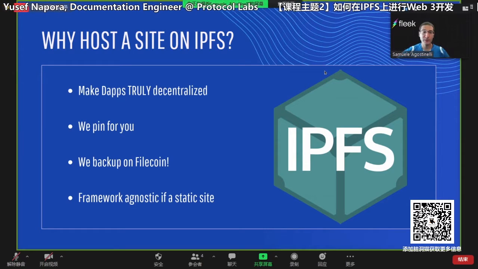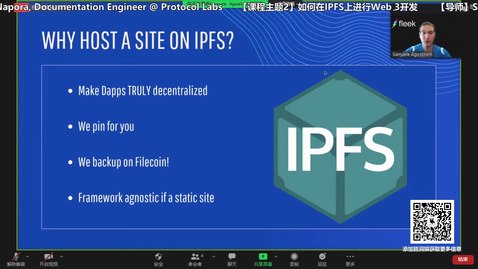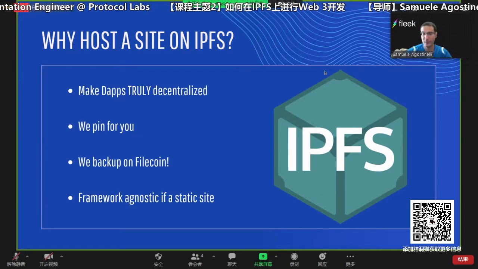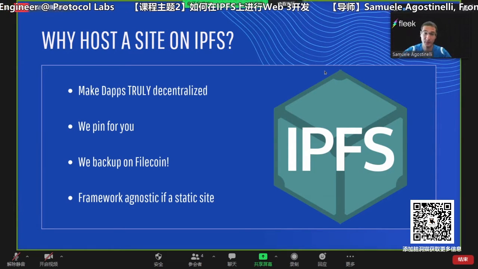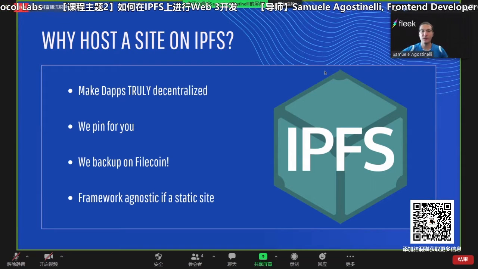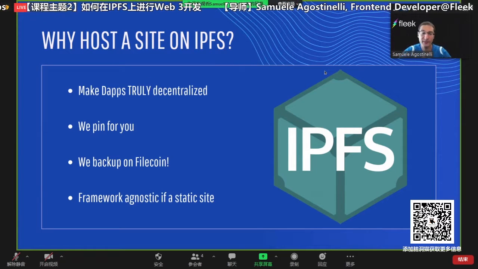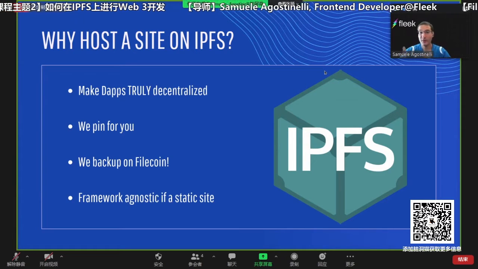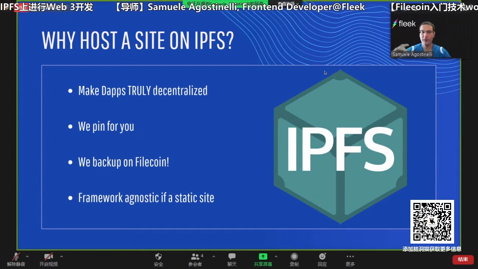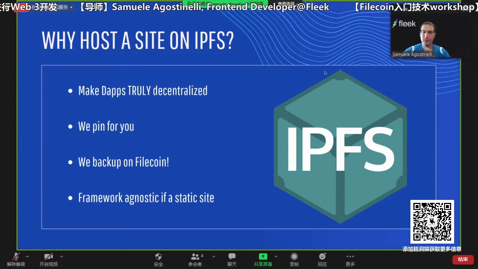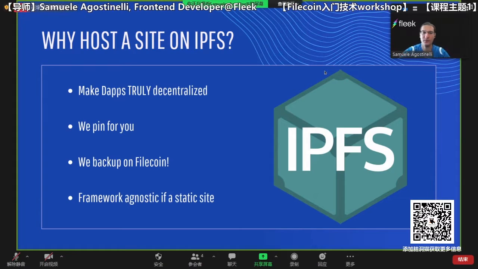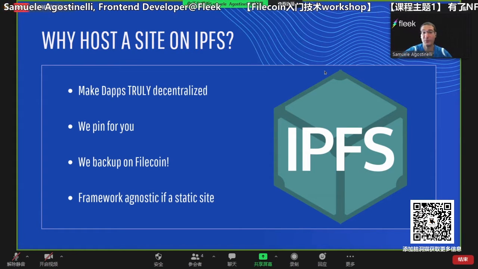As you know, with IPFS, in order for your files to be accessed, and by your files, I mean your site, it needs to be pinned. And so at Fleek, we take care of pinning it for you. And since this is IPFS, if you want to pin it yourself, you can also pin it yourself. So your site cannot be taken down, and it leverages IPFS. So that's a cool aspect of it.